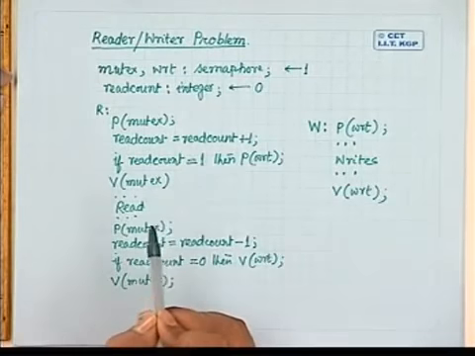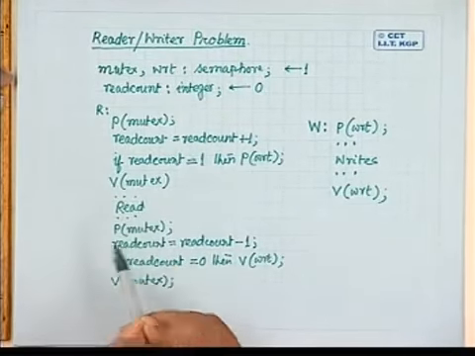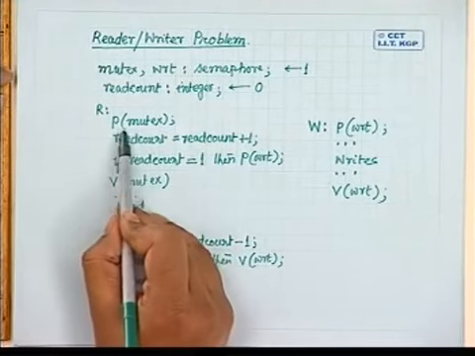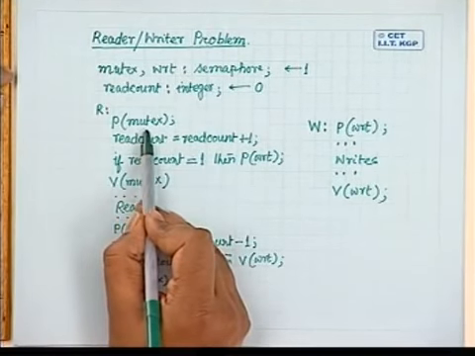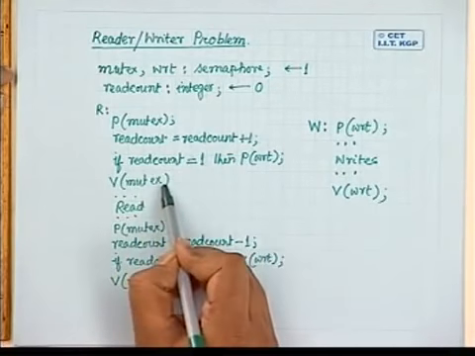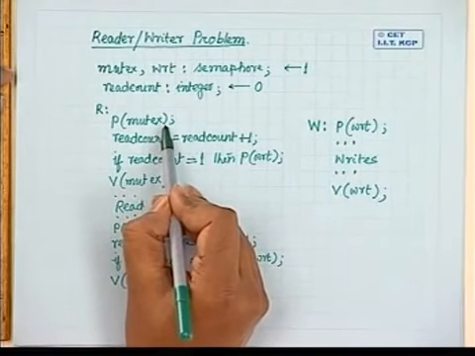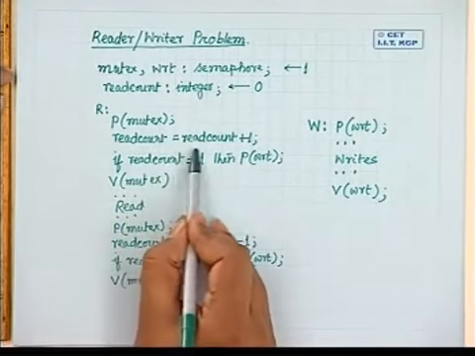In the meantime, while this first process is reading the content of the file, if there is a second reader process who also wants to read the content of the file, the second reader process will perform this p mutex operation. Okay. Because the first process has already executed v mutex, p mutex for the second process will also be successful. It increments read count by 1.